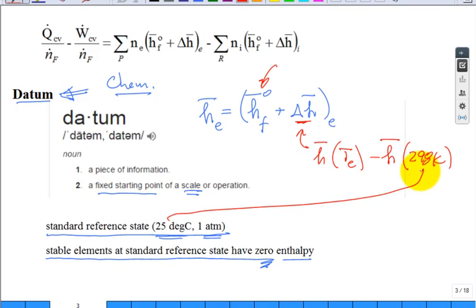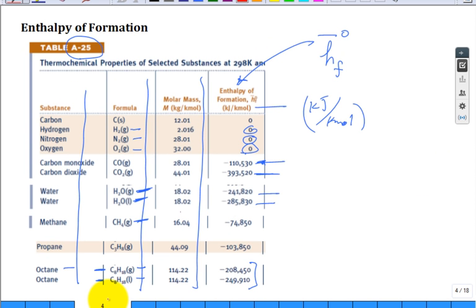So this delta h bar is calculated also using a table. So the enthalpy of formation is in this table A25, and then what is it, table A23? They have for select ideal gases the molar enthalpies as a function of temperature.